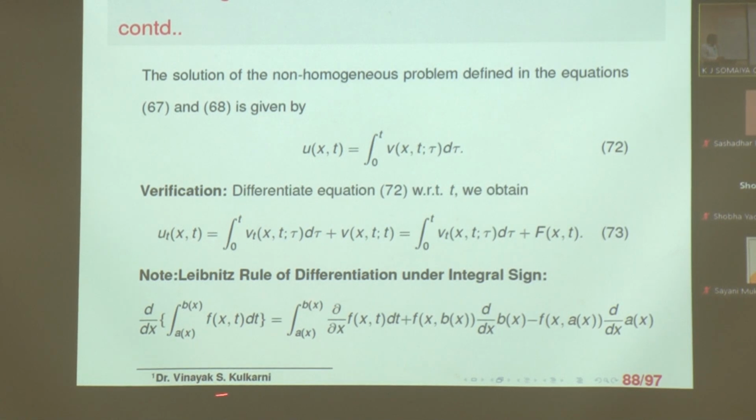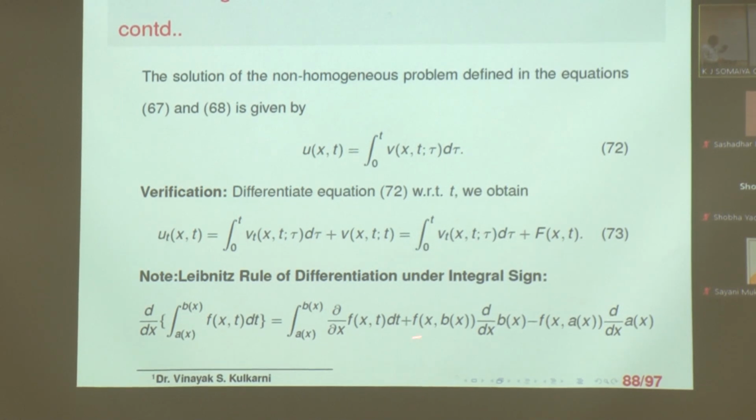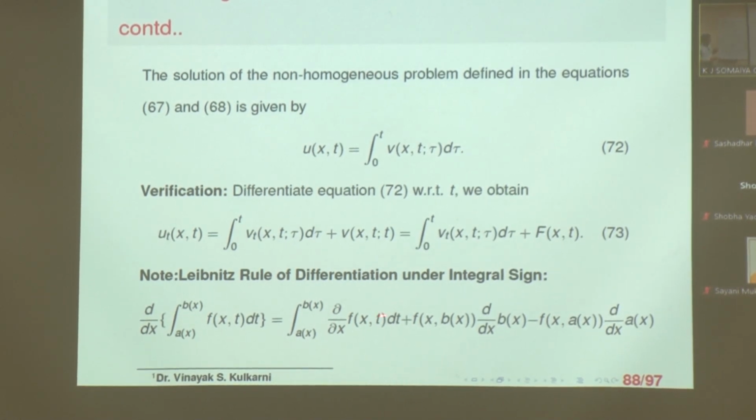Firstly, you have to shift the derivative inside the integral. You take the partial derivative, because of multiple variables, of the given function with respect to x, and then integrate within the prescribed limits. This is the number one term.